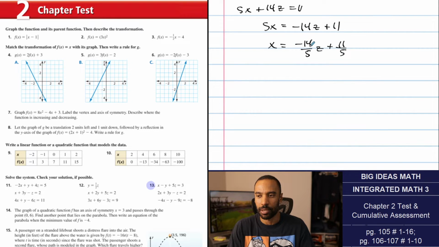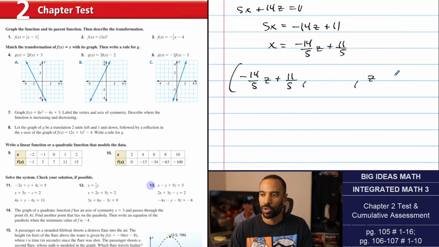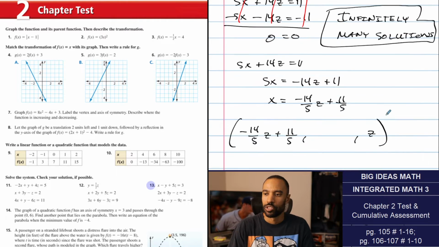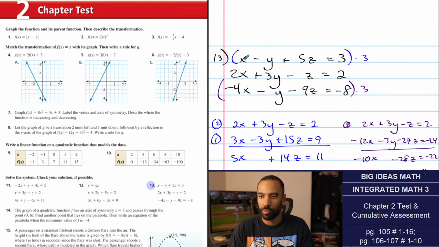Now this needs to substitute. So basically as an ordered triple, this is x, negative 14 fifths z plus 11 fifths, and then z is z, and we need to rewrite y in terms of z. So in order to do that, we've got to substitute this in for x in one of my equations, probably that top one.